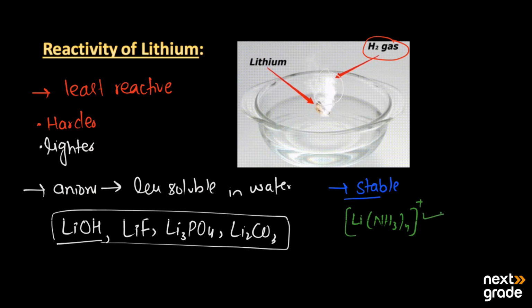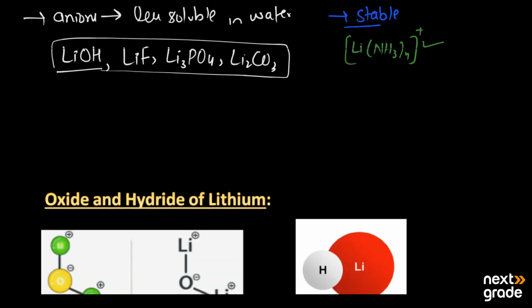So this is a complex of lithium. Also, it reacts with water very slowly, while all the other alkali metals react violently or fast. So these are the simple properties of lithium that are different from the others.